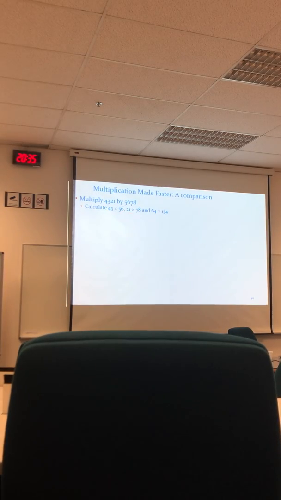So we do 3 multiplications. Instead of multiplying these 2 numbers directly, we divide into these 3 sub-problems. The original problem is divided into 3 sub-problems. This is the use of divide and conquer.